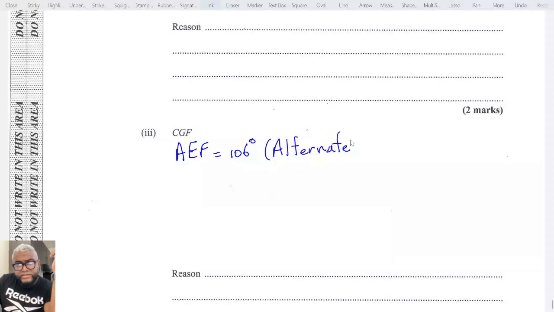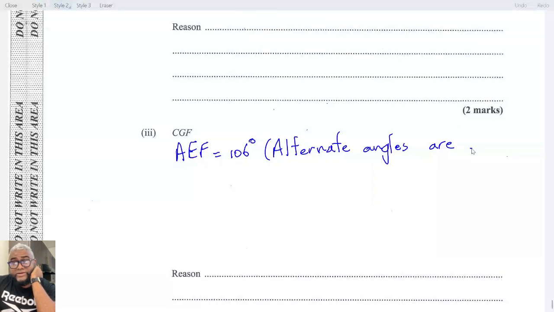The reason: alternate angles are equal, right? Alternate angles are equal.